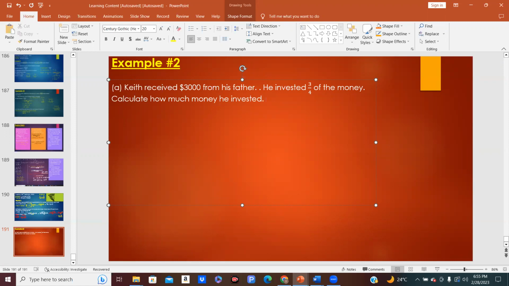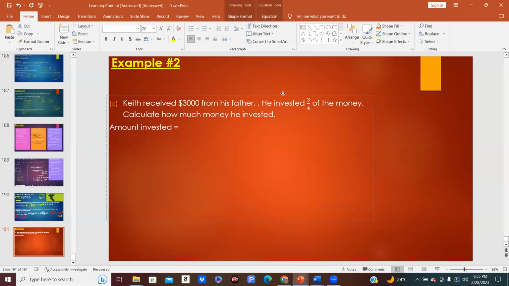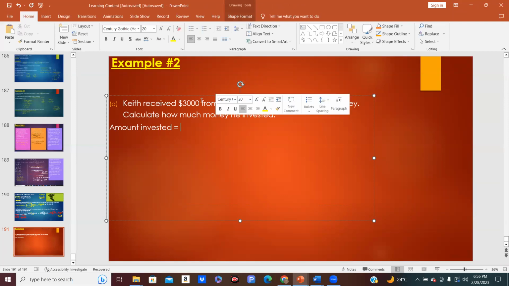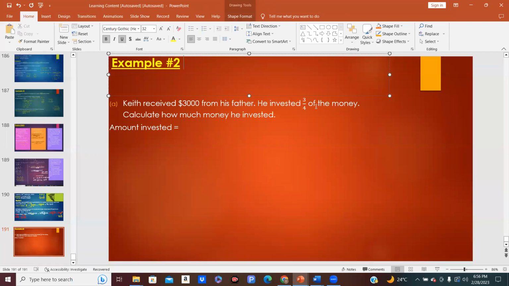Okay, so can someone help me with this? How are we going to figure out how much money was invested? We are going to multiply 3 over 4 by 3,000 over 1. Very good. So the amount invested is going to be equal to 3 over 4, because remember, of means multiply.